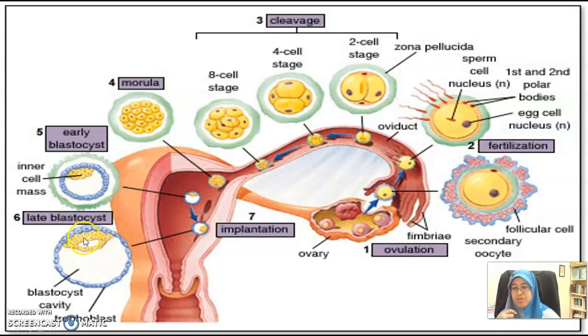You can see the embryoblast also splits into two. We'll talk about that shortly. And you can see the size becomes bigger, and the zona pellucida around it has also been dislodged. Okay, it has been removed in order for the late blastocyst to enter or implant into the wall of the uterus.